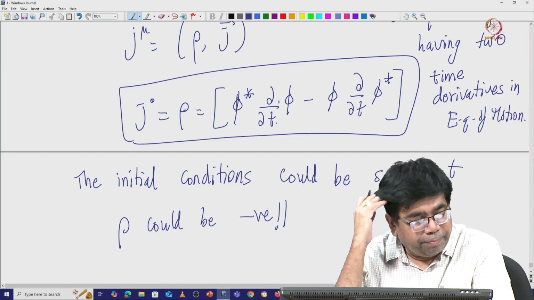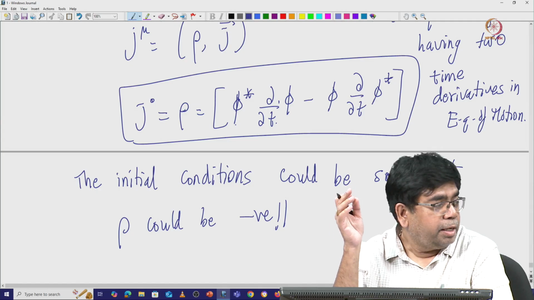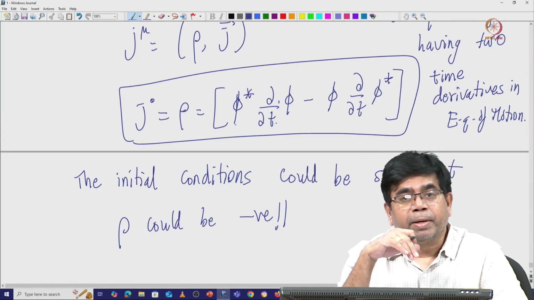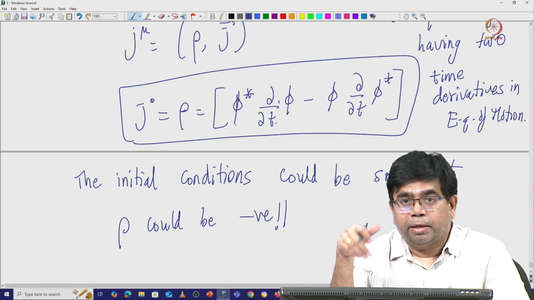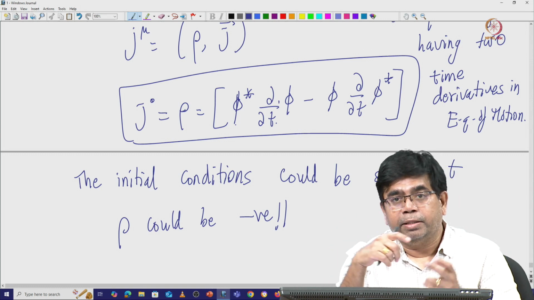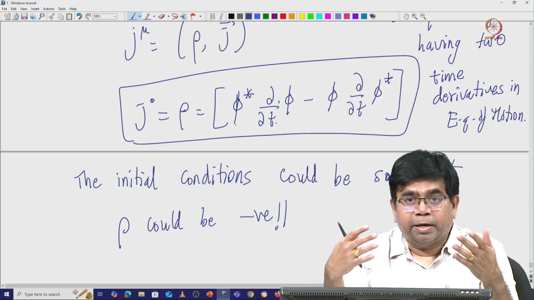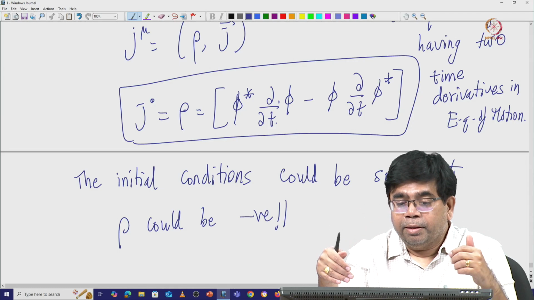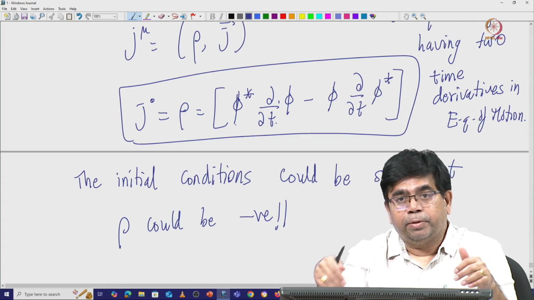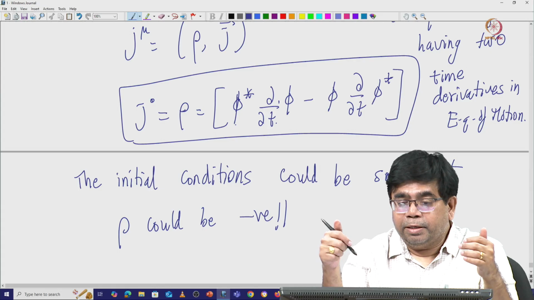By definition probability density should always be positive, and that is satisfied in non-relativistic quantum mechanics. But in relativistic quantum mechanics, the moment you write down the first equation, the first pathology we find is that there are negative energy solutions. Secondly, if we try to give an interpretation for that, we end up having rho not positive definite. So it is negative.